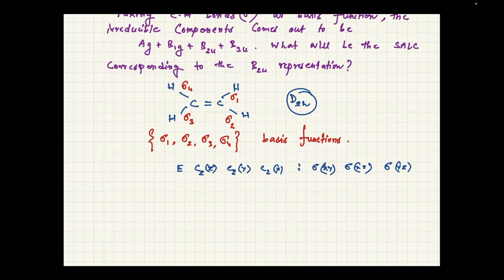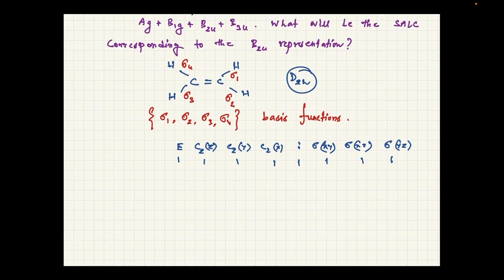So what will be the characters? 1, 1, 1, 1, 1, 1, 1, 1. This is the totally symmetric representation. Basically like this there will be 8 irreducible representations. So this is AG.